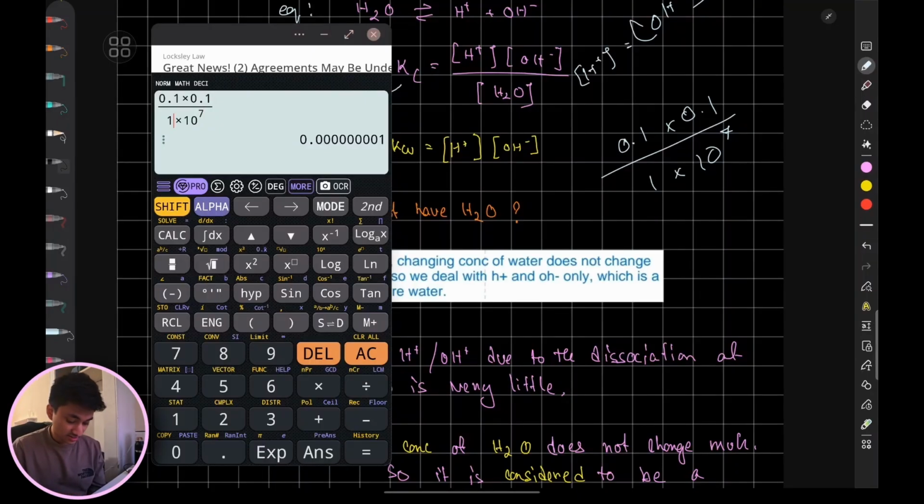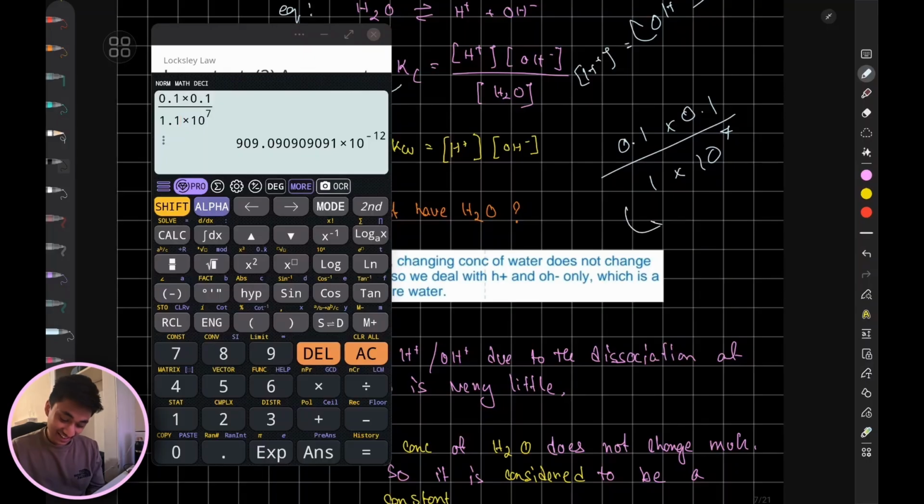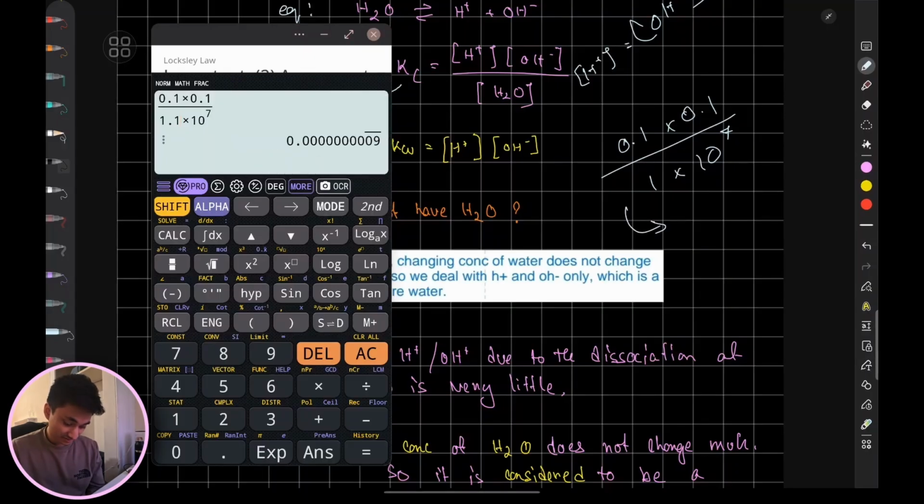Now let's increase this marginally, to 1.1. What is this expression? Interesting, this seems a bit better.